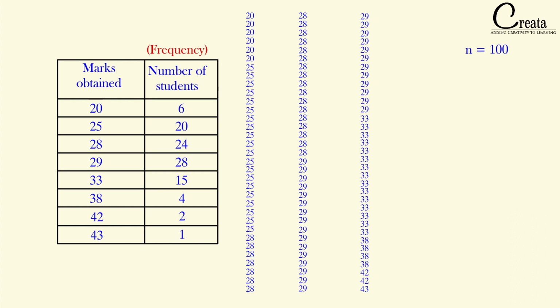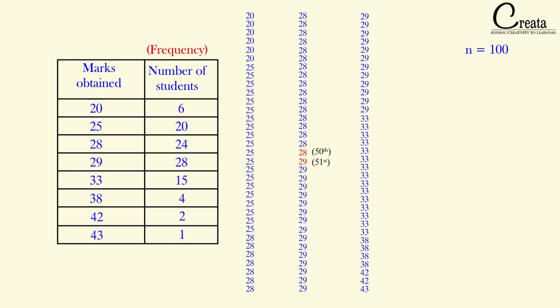What will be the median? The middle number. This is an even count, so the middle numbers will be the 50th and 51st numbers. These two numbers will be the middle numbers because the count is even. If the count is odd, then we will have only one middle number, which will be the median.